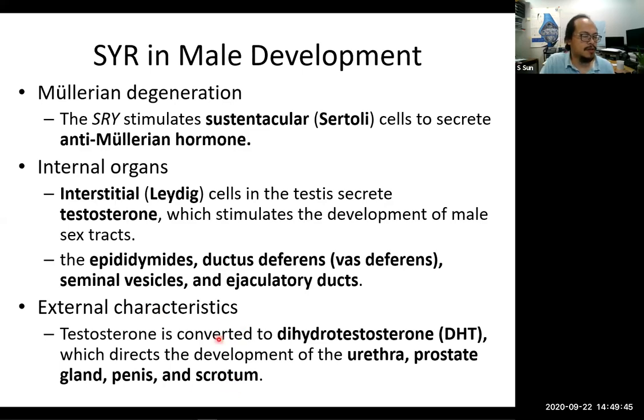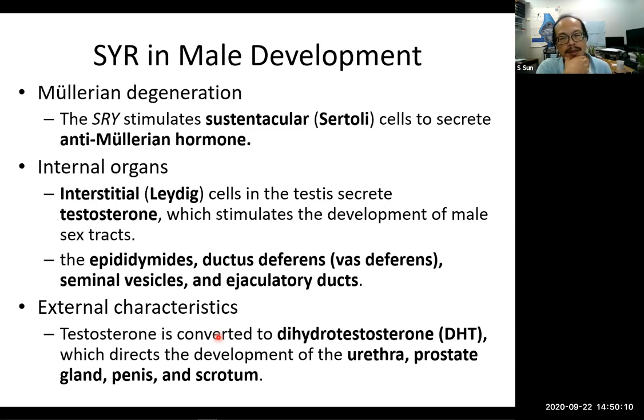So this table contains a lot of important information you need to know: which cell secretes what? A quick question: where is anti-Mullerian hormone secreted? It's from the Sertoli cells.